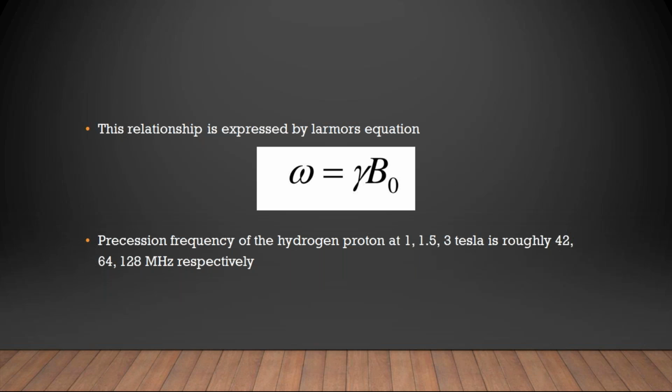The precession frequency of a hydrogen proton at 1 Tesla is 42, at 1.5 Tesla roughly 64, and at 3 Tesla 128 megahertz respectively. Because the 3 Tesla MRI has the highest precession frequency, it will give us better contrast resolution and will be useful in obtaining clear, better contrast images.